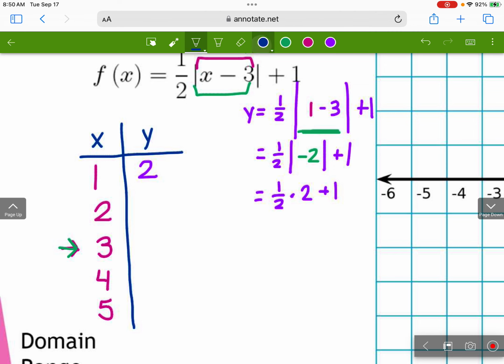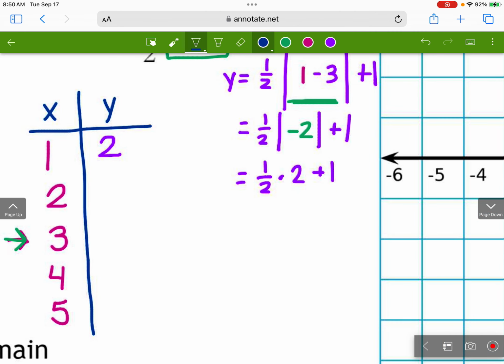We're going to do this with the rest of our values here. 1/2 times the absolute value of 2 minus 3. What is the absolute value of 2 minus 3? Because 2 minus 3 is going to give me -1, but the absolute value makes it +1.